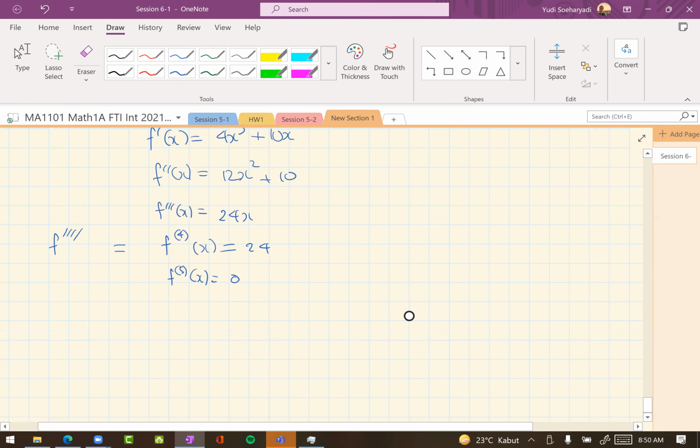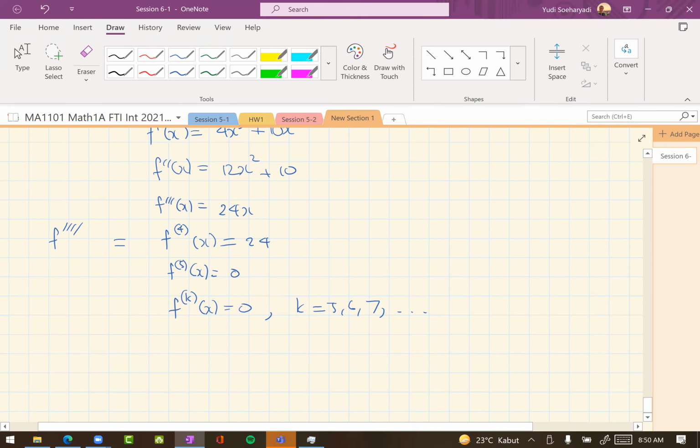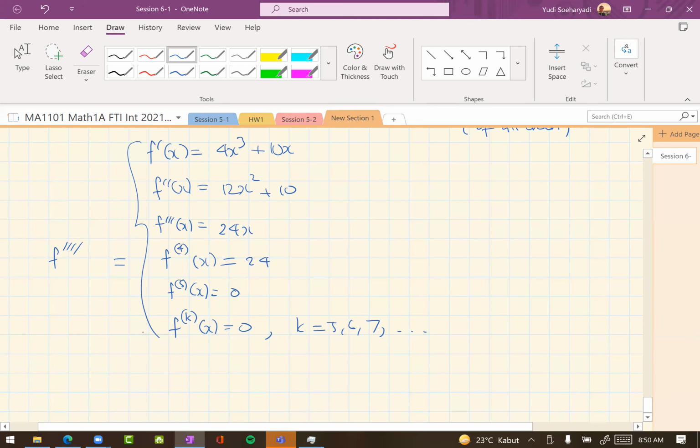And once you get to 0, this remains 0. So that's true for k starting from 5, 6, 7, and so on. Okay, so this gives you all derivatives of f.